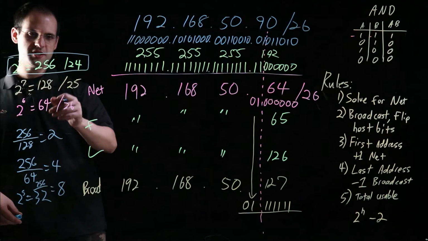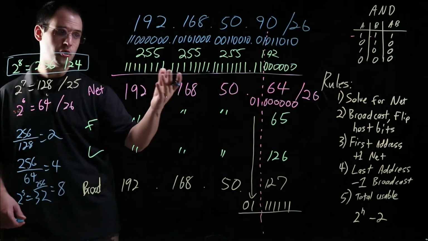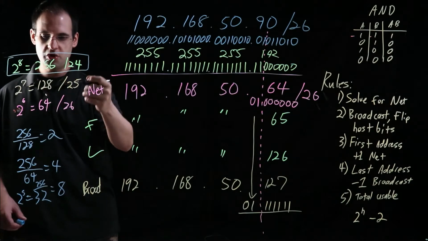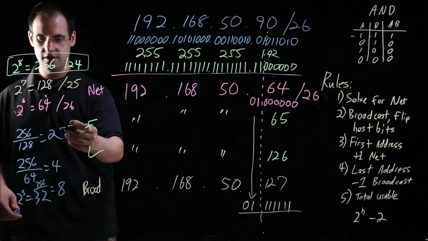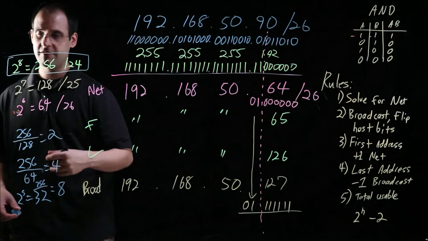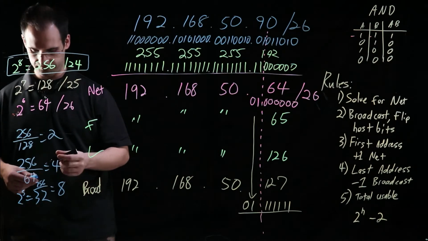So every time we grab a bit away from the host bits and give it to the network in this /24, we're going to double the number of networks we have. We have 2, then 4, then 8. We keep on doubling, and the size of our networks keeps getting smaller and smaller.